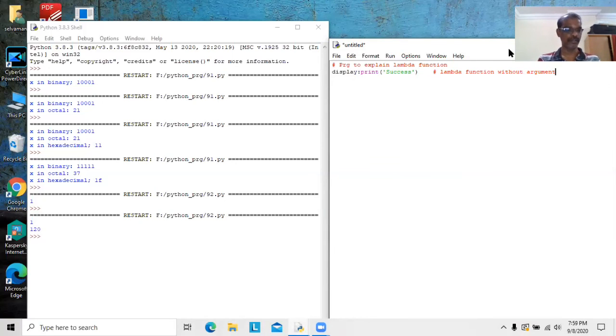We are not using any argument here, or without parameter, because we are not using a parameter. Similarly, here we can use display alone. That's all.